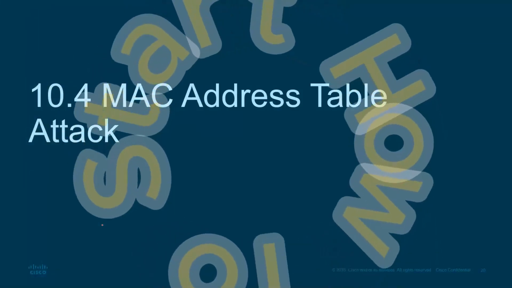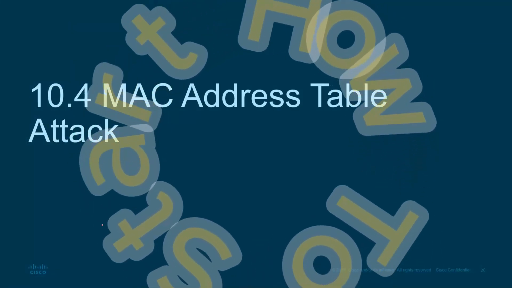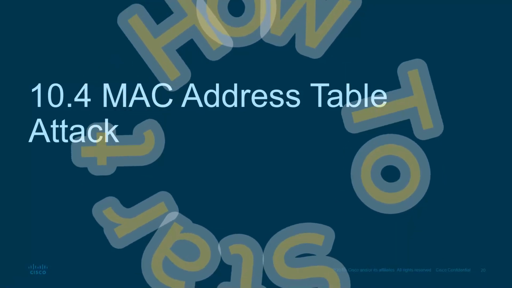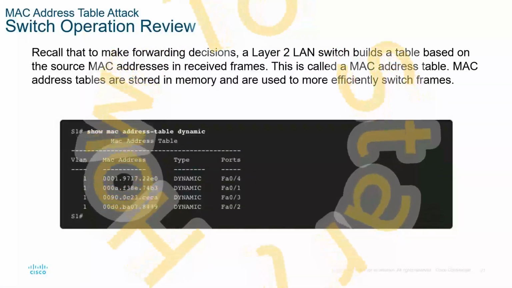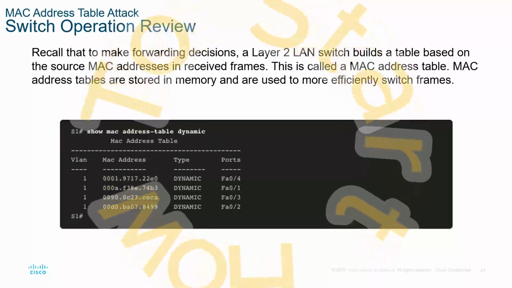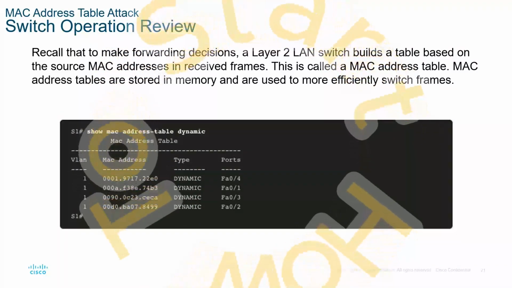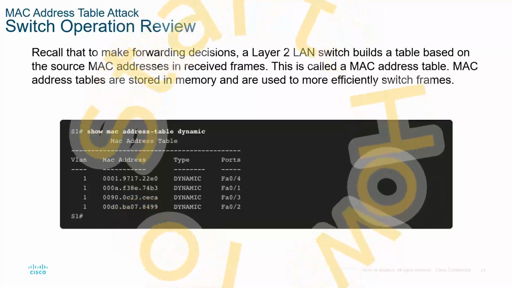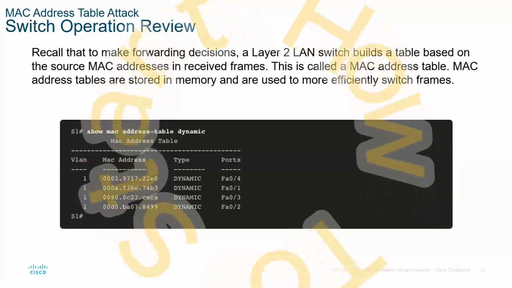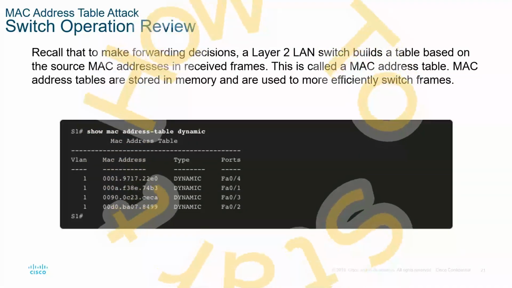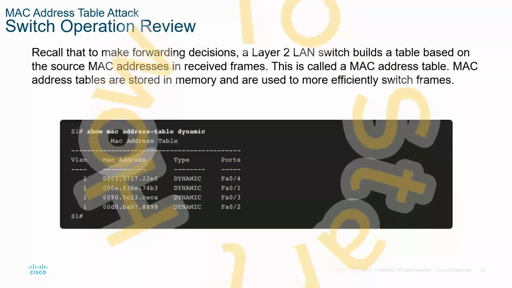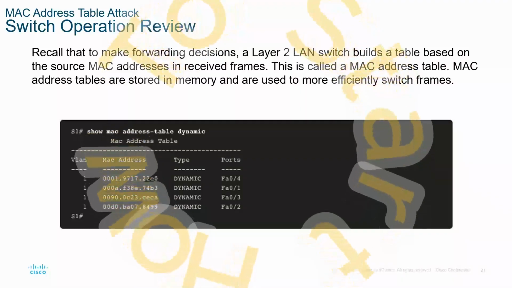Alright, so let's talk about our MAC address table based attacks. First thing we need to do is understand switch operations. When a switch receives a frame on an ingress port, it will make the forwarding decisions based off of the MAC address table. It needs to know what port to forward that frame, what port it's going to egress on.